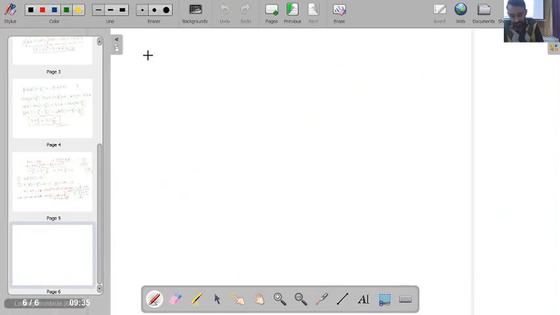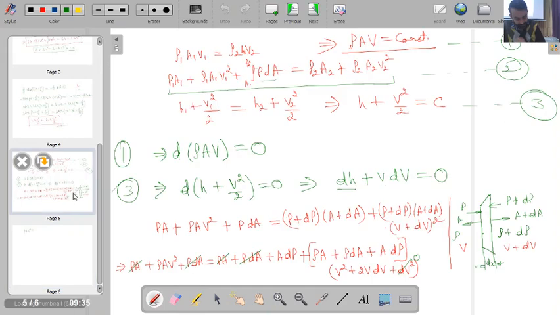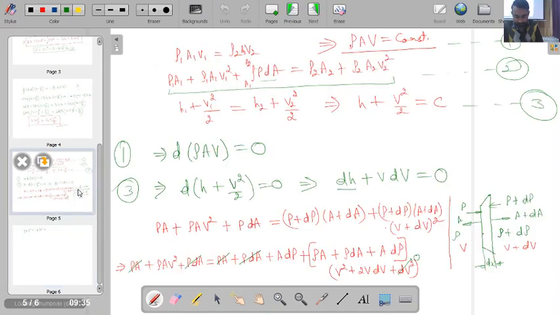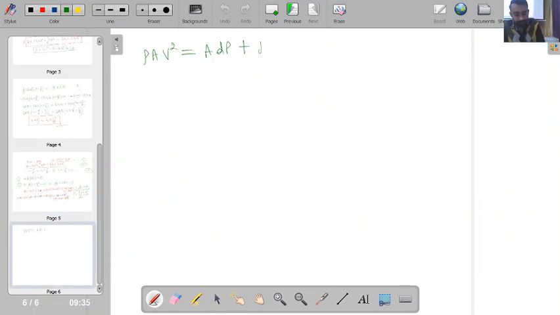So say left hand side I have rho A V square, and that is equal to ADP plus this rho A will get multiplied with V square. So it will become rho A V square. What will be the next term? Please tell me.